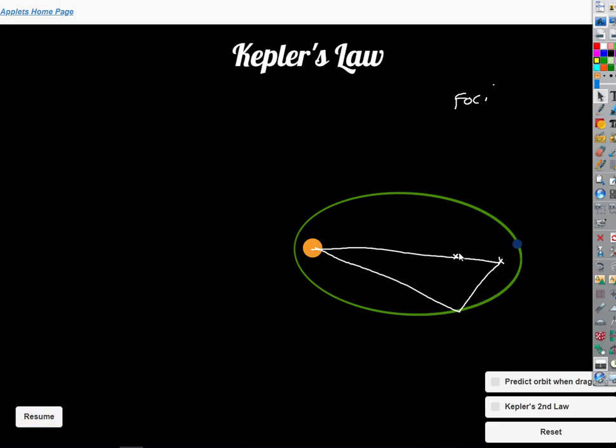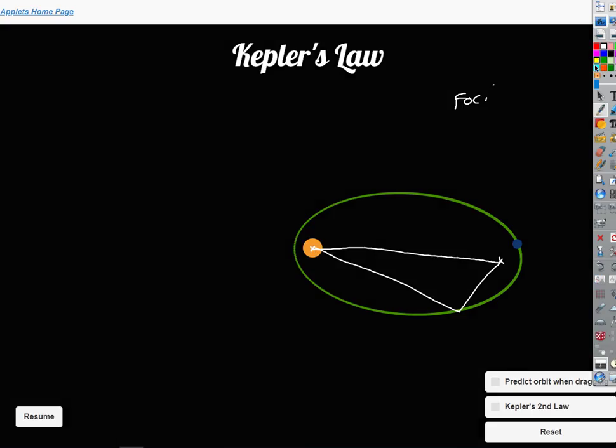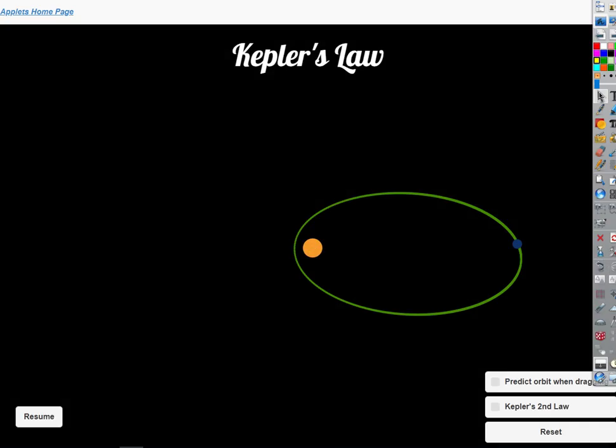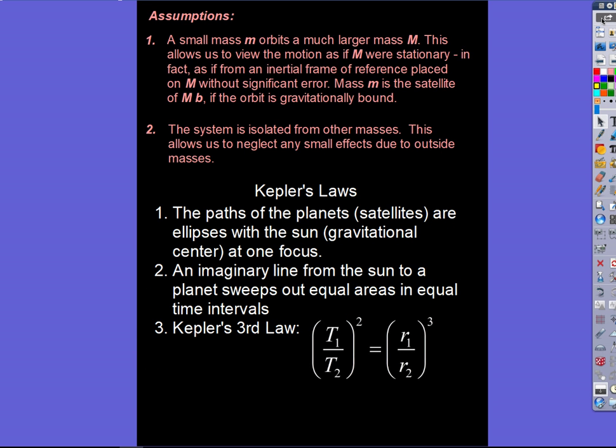It'd be wrapped around the foci, the two nails like that. But the total length of the loop is always the same, right? That's an easy way to create an ellipse. Understand what I'm saying with that? Okay, so that's Kepler's first law.